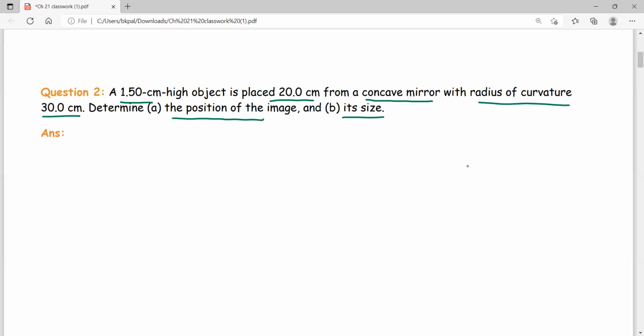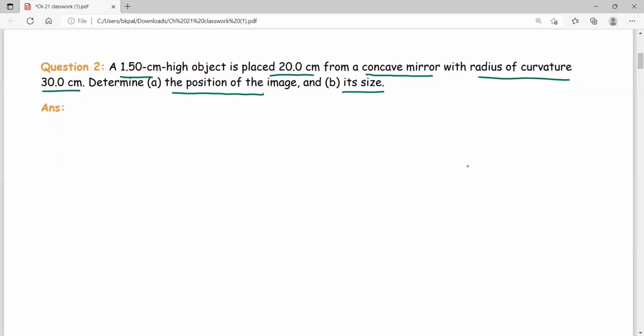The first equation we need is f equal to R over 2. So the focal length is half of the radius of curvature. That means 30 divided by 2 centimeter, which is 15 centimeter.